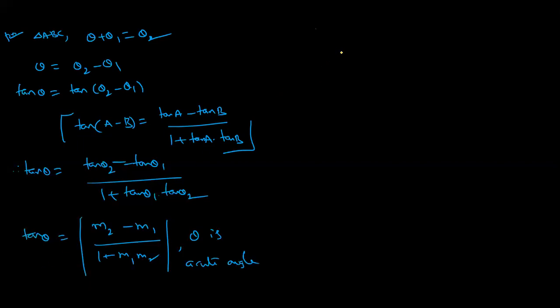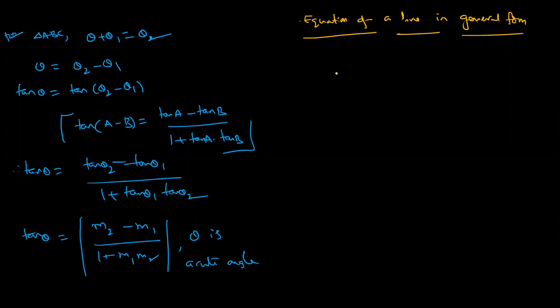So, what is the standard equation of the line? Equation of a line in general form. So write down an equation of the form ax plus by plus c is equal to 0.